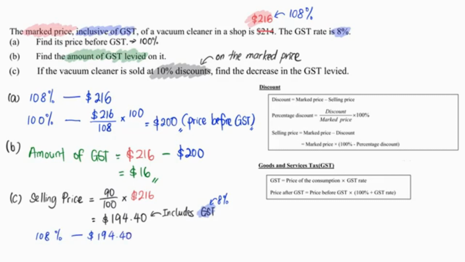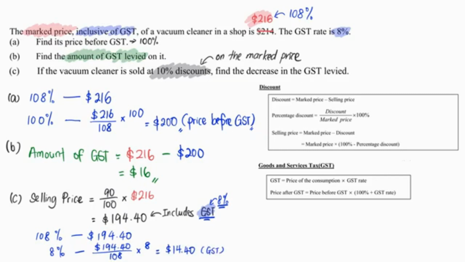And do notice that in this case, I am going to find 8%, because that is where the GST is. So all I have to do is divide by 108, then multiply by 8. And this will give me a value of $14.40, which will then be the GST now.